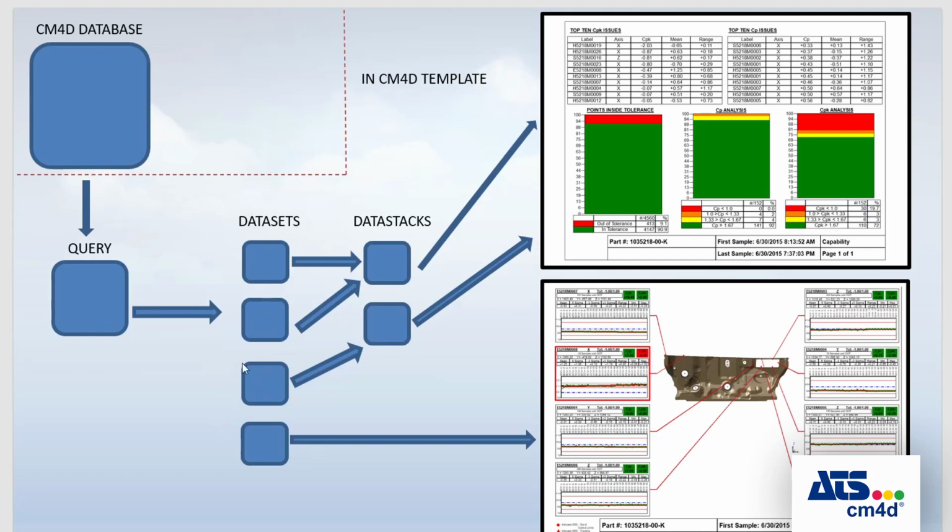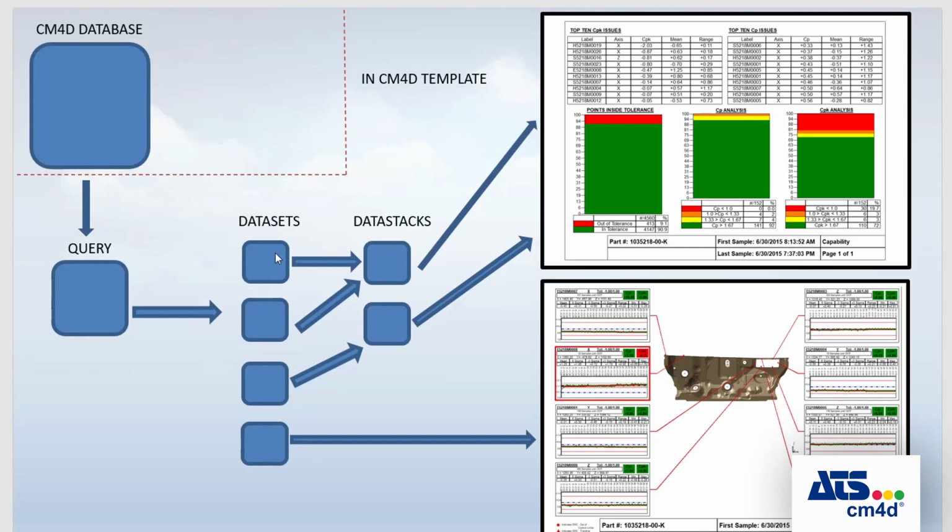Data sets are smaller groups of points of a certain type that come from the routine data in the query. You don't need to have multiple data sets, or you can have just one. It depends on, again, how complex the report is and how you are trying to group your information.